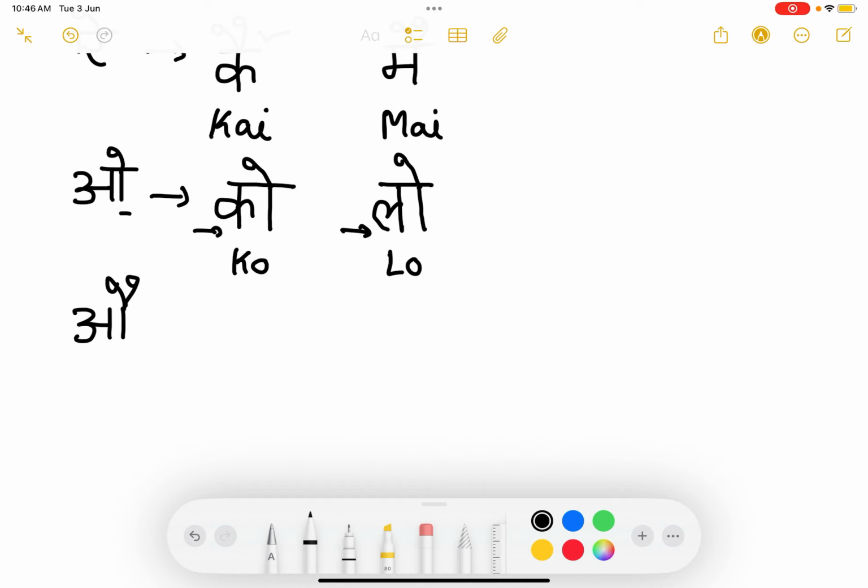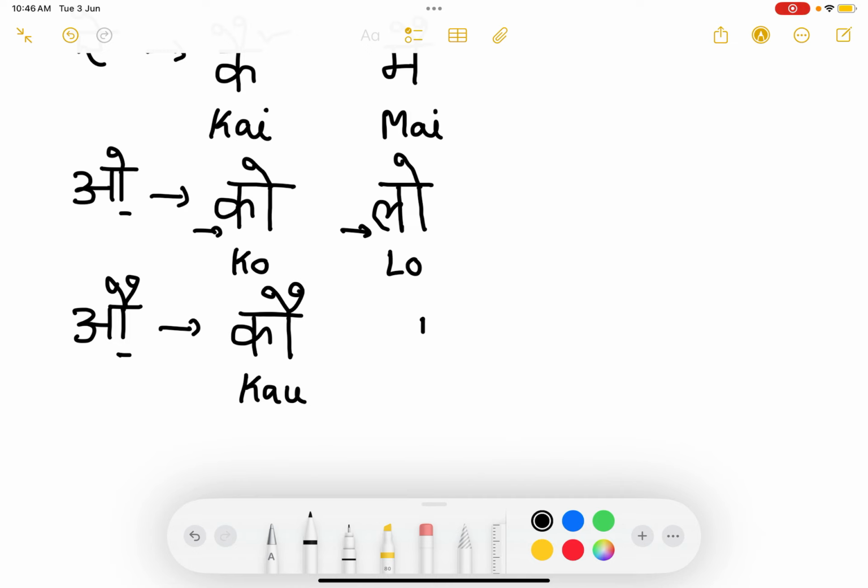Au is this letter. Yes, the matra looks like this part. So I write a line after it and two slant arms on the top. This is kau. One line and two arms on the top. That's how the au matra is written.